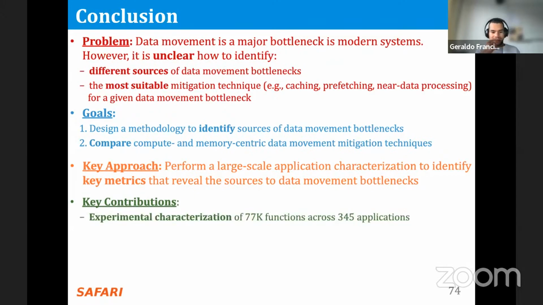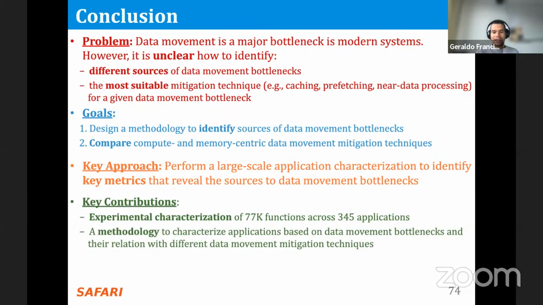The first one is the experimental characterization of 77,000 functions across 204 applications from varying domains, which we use to drive the methodology that can characterize applications based on data movement bottlenecks and their relation with different data movement mitigation techniques.